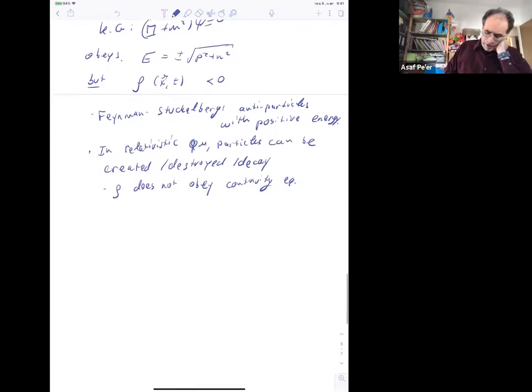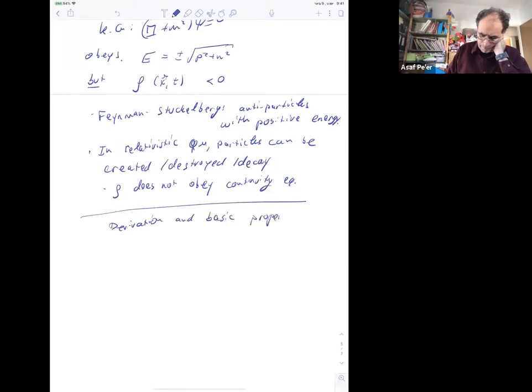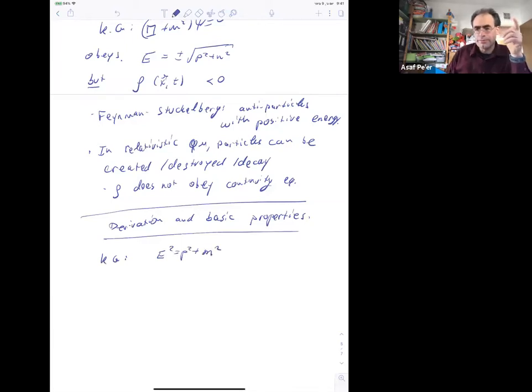So we said that the Klein-Gordon equation, derivation and basic properties. Remember that to get it, we started from Einstein's relation, and then we promoted energy and momentum into operators, which is what we do in quantum mechanics. That's how we got Klein-Gordon.